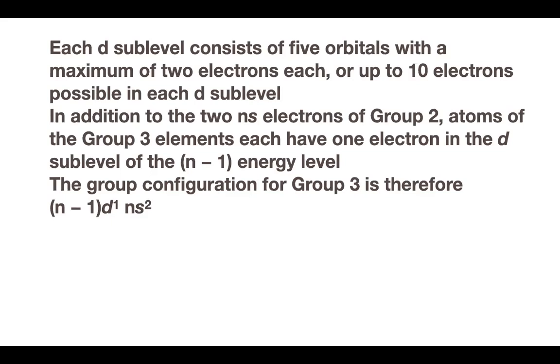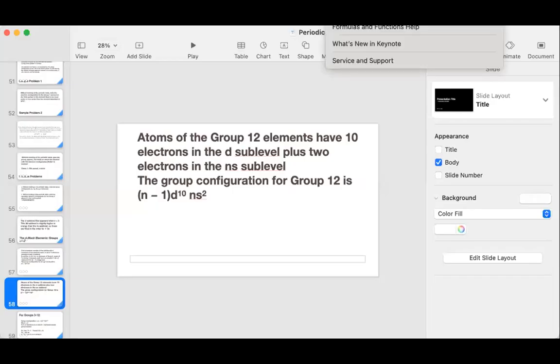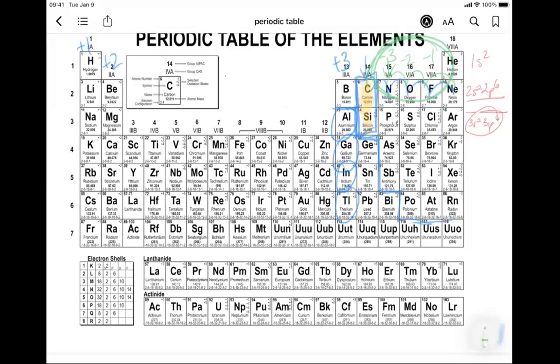So I was talking about group 3. The group configuration is (n-1)d1 ns2, where n represents the period number.